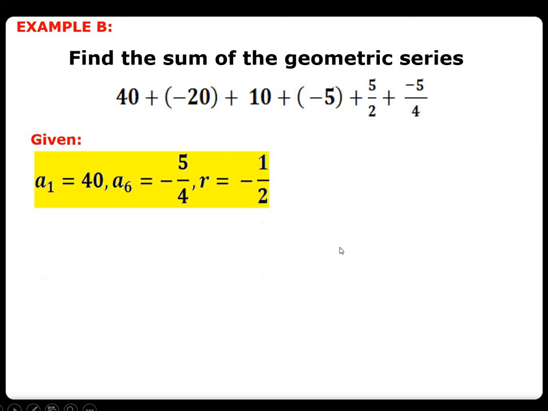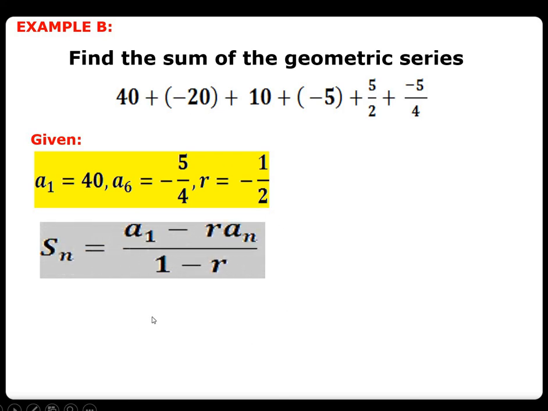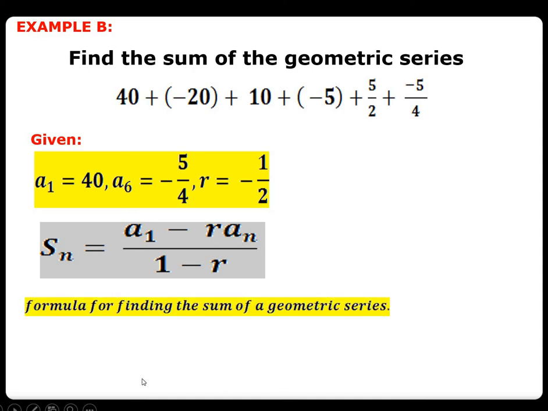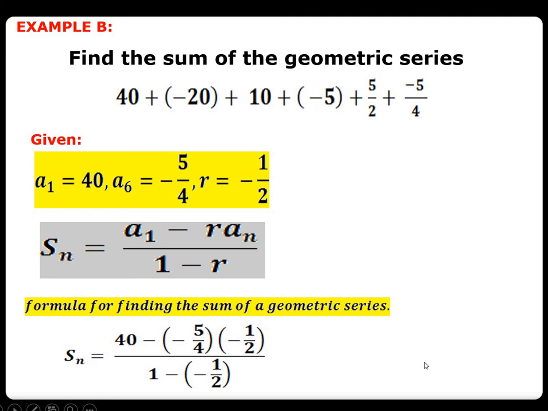So using the same formula, s sub n equals a sub 1 minus r times a sub n all over 1 minus r. By substitution, s sub n is 40 minus the quantity negative 5 fourths times the quantity negative 1 half, all over 1 minus the quantity negative 1 half.